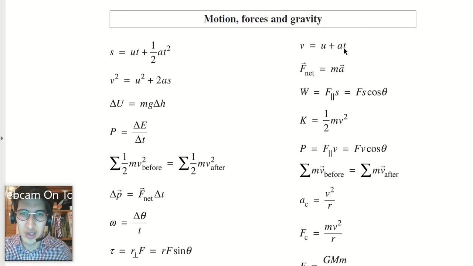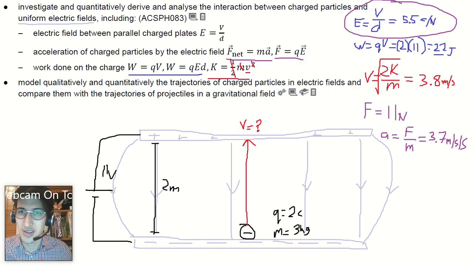We have a starting velocity, we don't have a time, so this is our equation that doesn't use time. We know that the initial velocity here is 0. Acceleration we just calculated. The displacement is the 2 meters it's traveling through, so we can use that to work out V. So V is equal to that 0, cancel that, get rid of that square, so it's going to be square root of 2as.